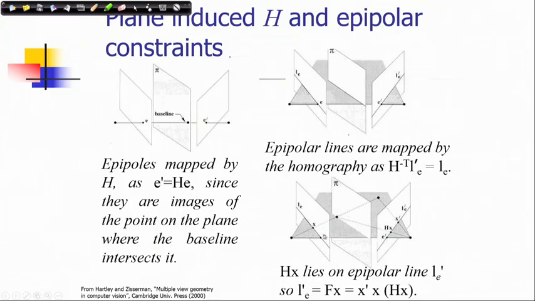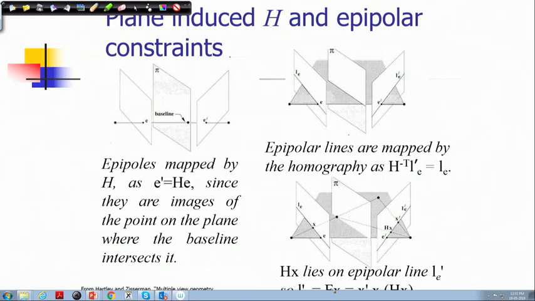Here also you can see that if you have some scene point here, this is the epipolar line. The epipolar line of a corresponding point can be obtained by multiplying F x, and if I perform the homography transformation on x, this point will also lie here.